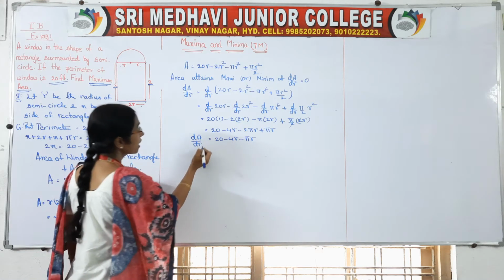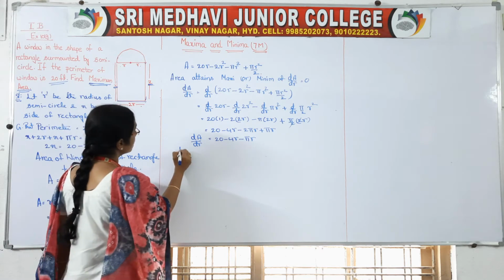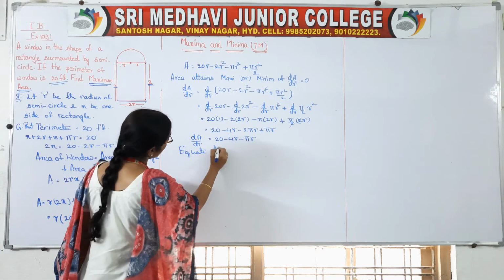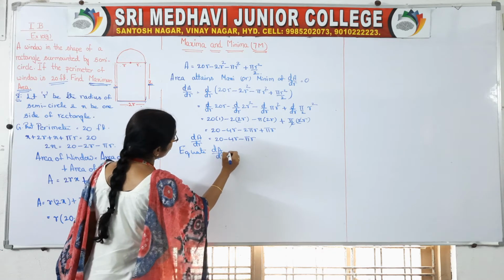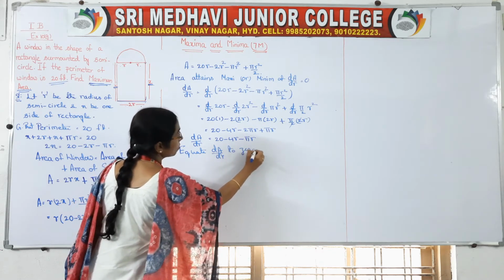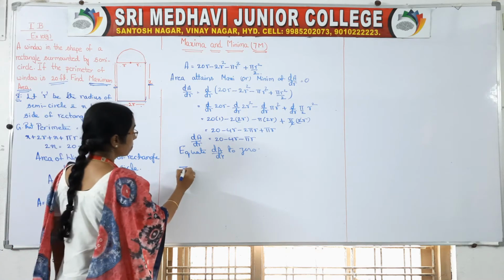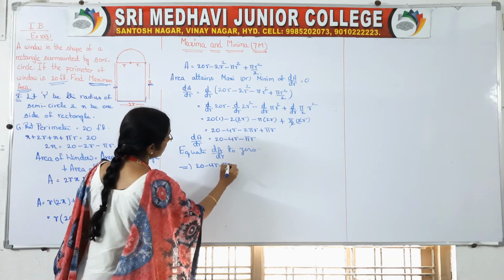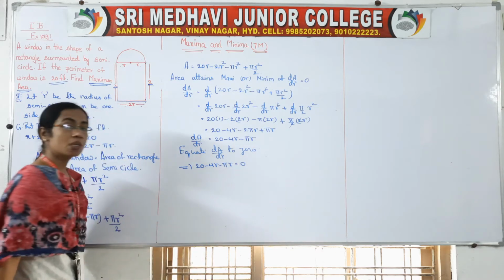We have to equate dA by dr to 0. So 20 minus 4r minus pi r is equal to 0.